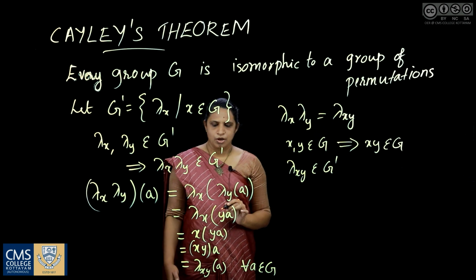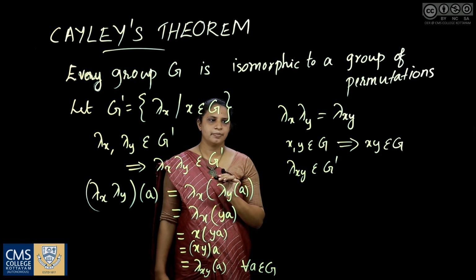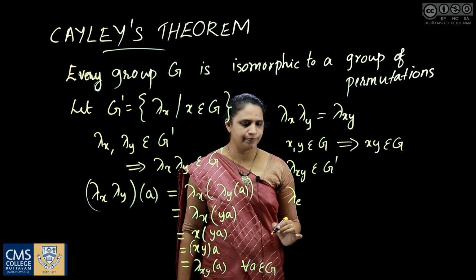Now, to prove the existence of the identity element in the group G dash, we consider the element λE.